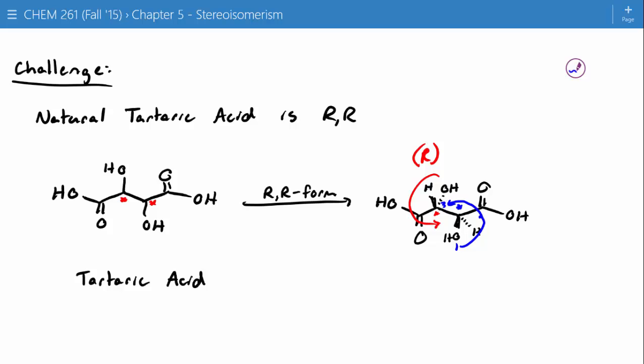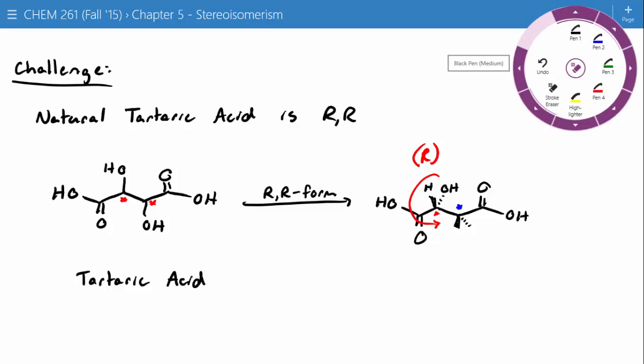Lowest priority is pointing backwards. S. It'd be S because we're going left. Can you guys see how we're twisting left? It's going counterclockwise. So what do we need to do to fix this? Yeah, put the OH in the back.